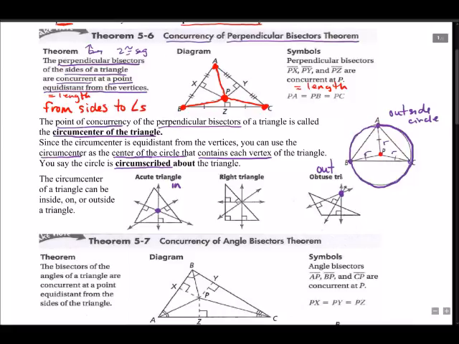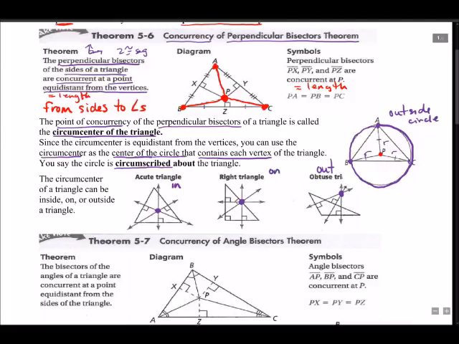How would we draw a circle around this? It would have to be, now I'm going to draw this and erase it, a really big circle, wouldn't it? To be able to touch all of the vertices. And back to the middle here, on a right triangle, guess where it's at?